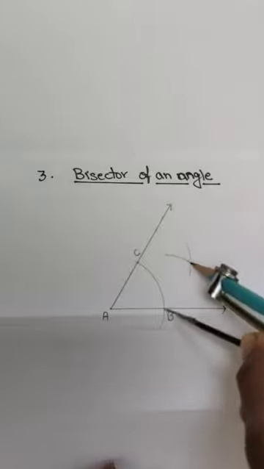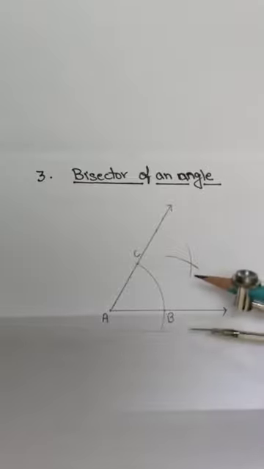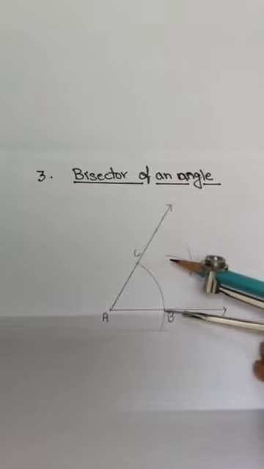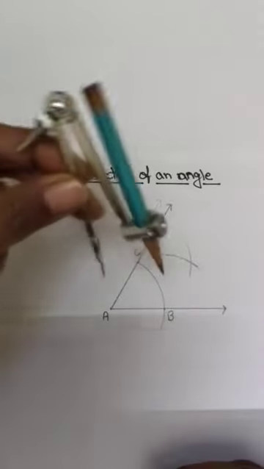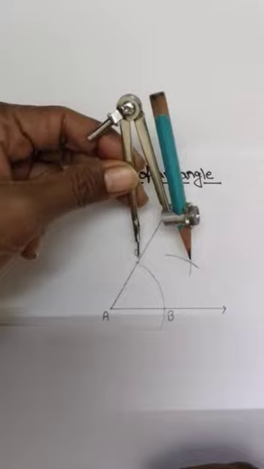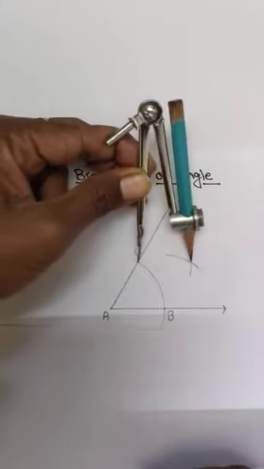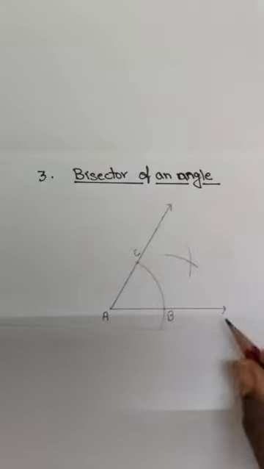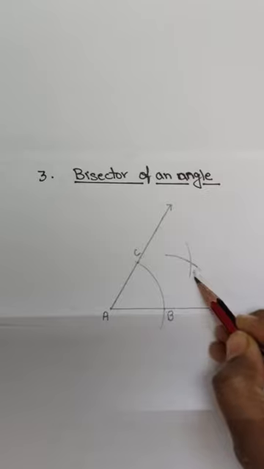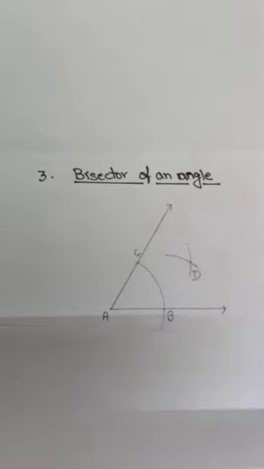Let us draw this one also. Again, I am telling, with B as a center and taking the same radius, draw one arc. After that, with C as a center and taking the same radius, draw another arc which cuts the previous arc at D. Let us give this point the name D. Now join AD.